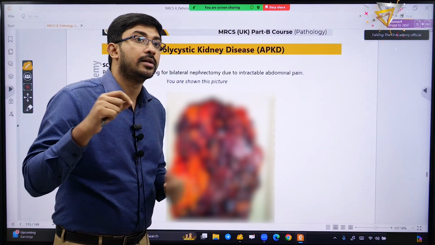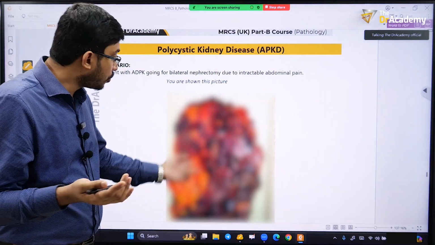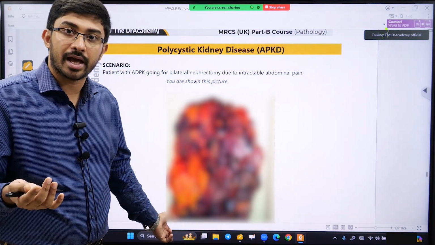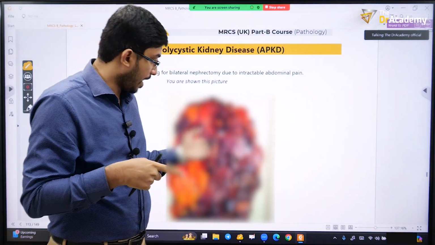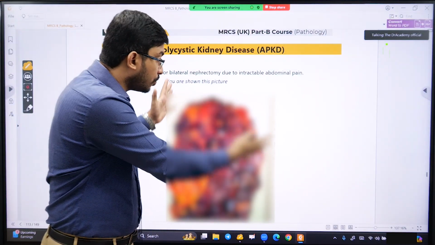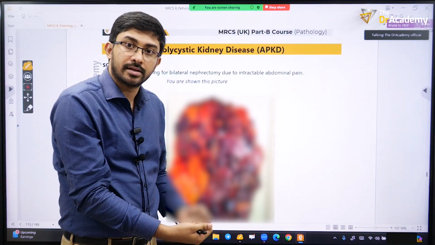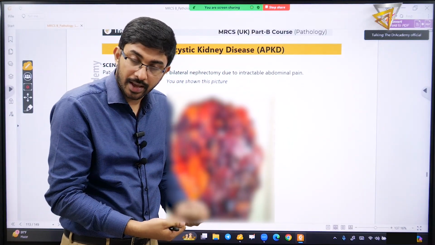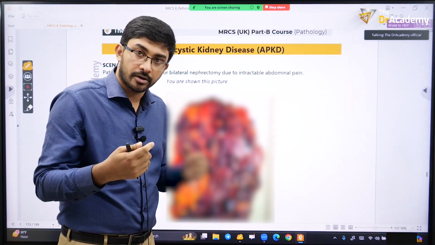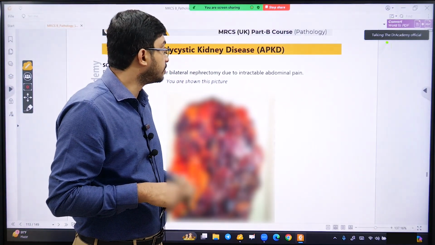So firstly, the question is, why is there pain in polycystic kidney disease? Two questions I have, two answers I have already mentioned. One is necrosis, hemorrhage. Another will be due to this large size. It drags its pedicle down and stretching of the capsule cause neural pain, okay, compression and stretching of the capsule.